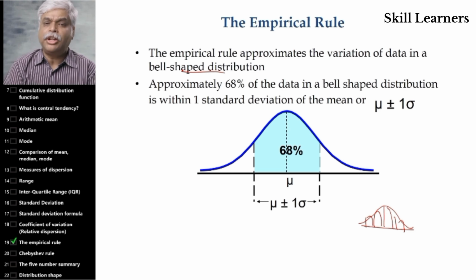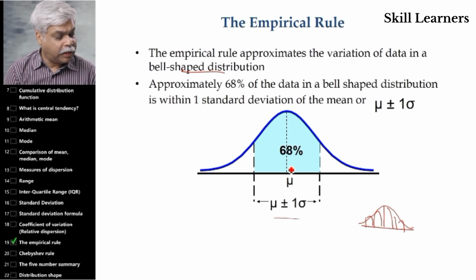If you have such a bell-shaped distribution and you consider the mean, which we shall refer to as mu, and the standard deviation, which we shall refer to as sigma here, if I look at mu plus minus 1 sigma, a 1 standard deviation variation around the mean, that contains 68% of the data, approximately.